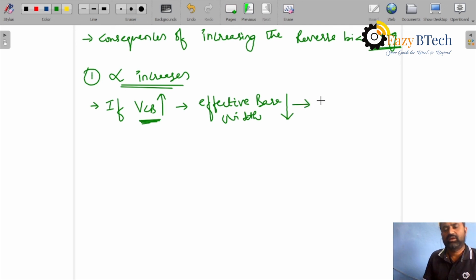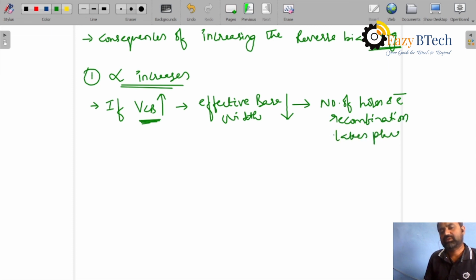Then the number of hole and electron recombinations taking place inside the base decreases.